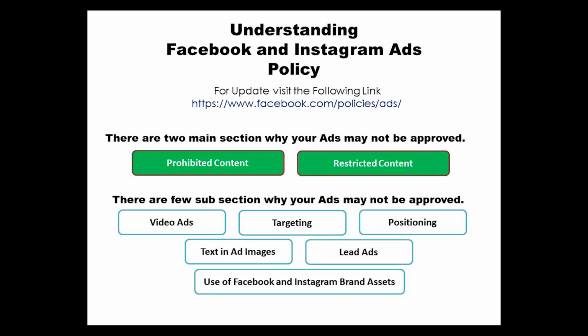And there are a few subsections why your ads are not approved. Those are based on your video ad content, your targeting market, the positions of your ads, the text you add on your ads, and about the leads, as well as using Facebook and Instagram brand on your ad campaign.